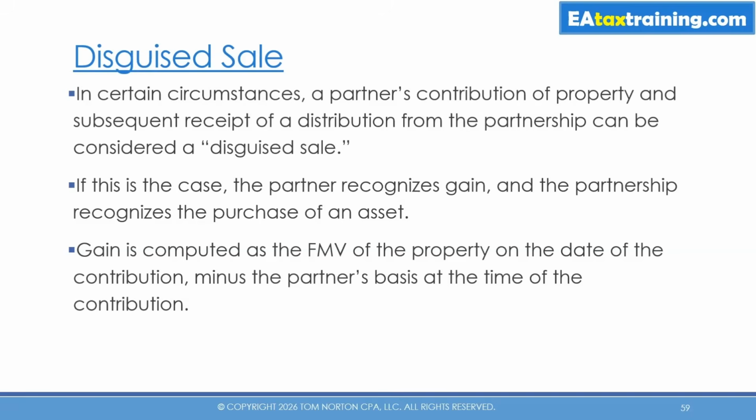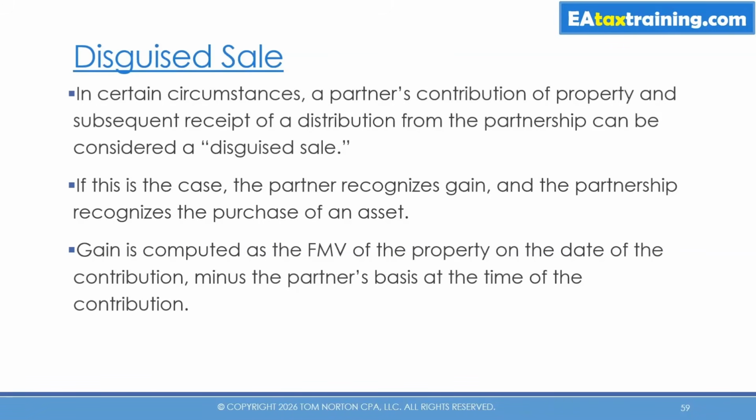But let's say 6 months after you contribute that building, the partnership decides to distribute $150,000 of cash to you. The IRS is going to step in and say, oh, no, no, no, guys. That was not a tax-free contribution of a building to a partnership. That was a sale of the building to the partnership.